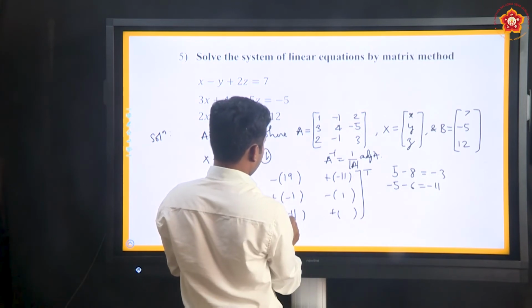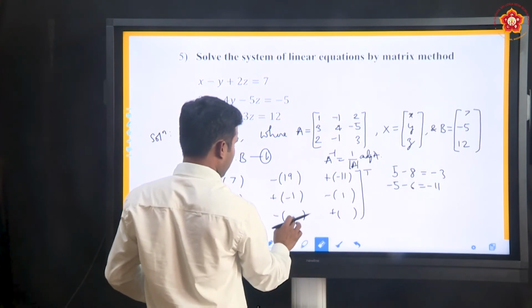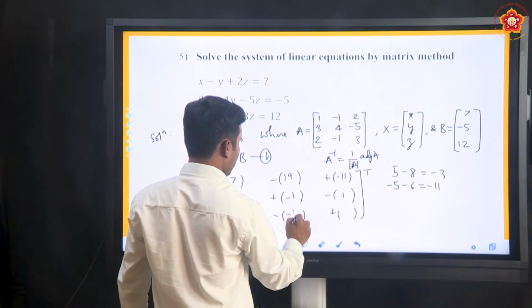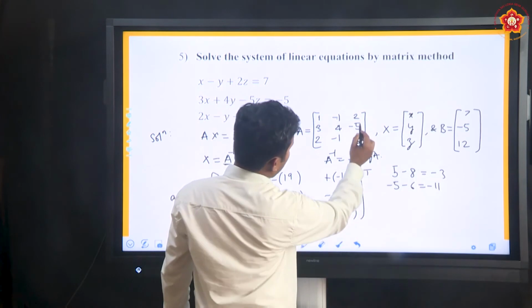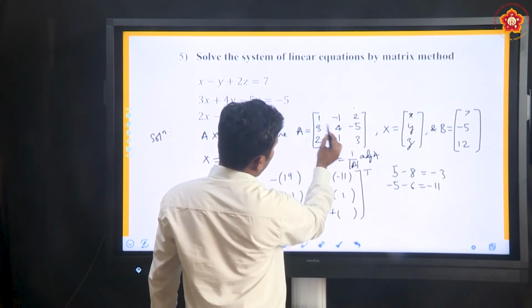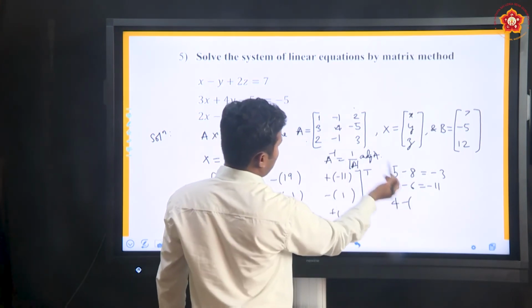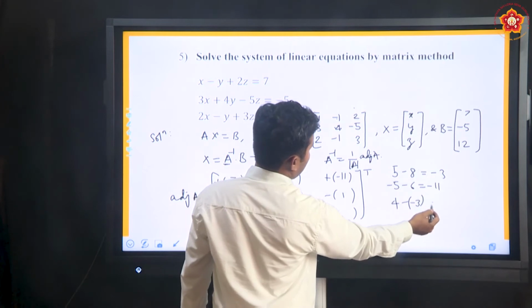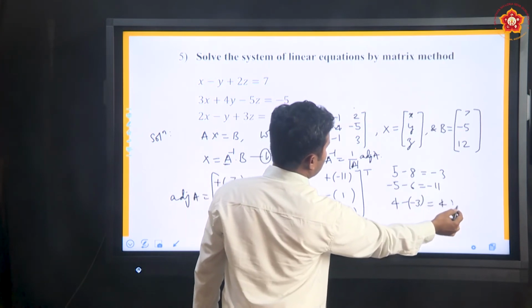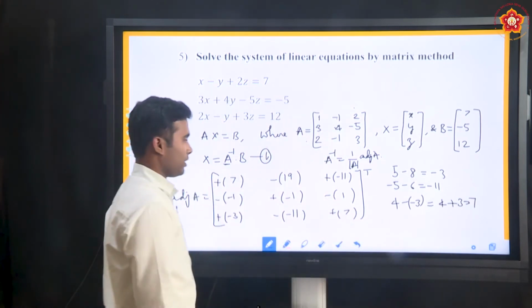Next, this one, how can you do it? Third column, third row, delete it. 1 into 4, 4 minus of minus 1 into 3 is minus 3. So, this gives 4 plus 3, which is equal to 7. So, this entry is 7.